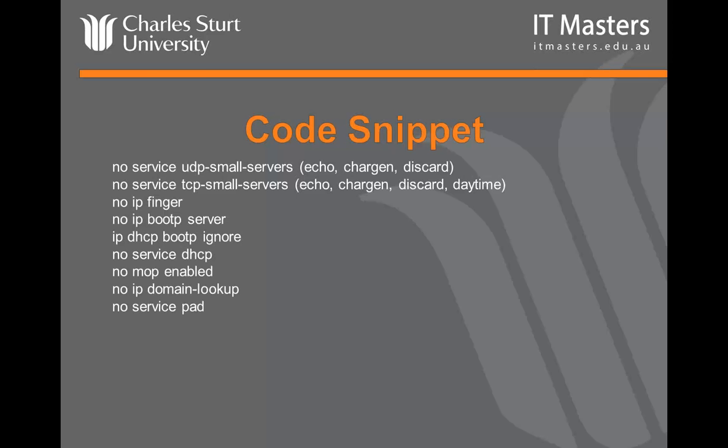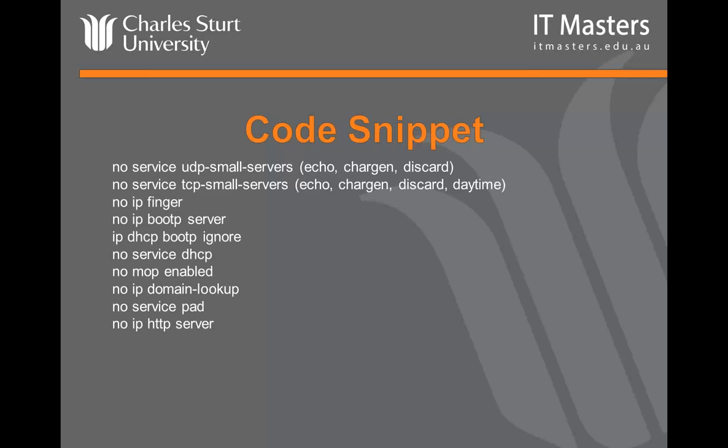No service pad, packet assembler disassembler. This is mid to late 90s type of technology. IP HTTP server. Plenty of people will use the web server on a Cisco router or a switch. Personally, I think it's a bad idea. There are Cisco tools out there that rely on the HTTP server.